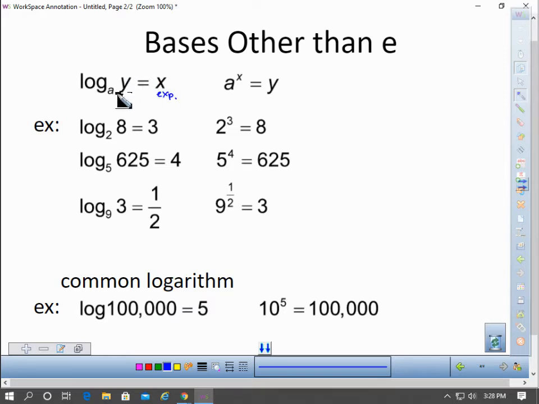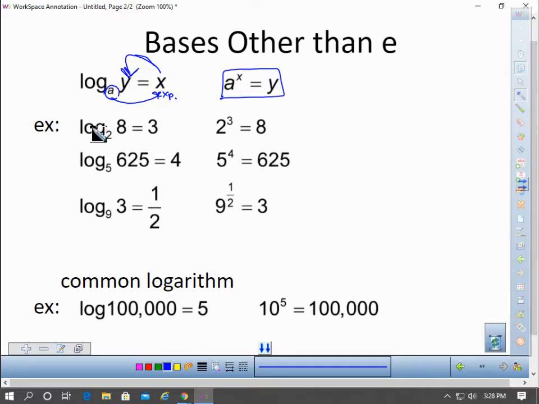So to convert this into an exponential function, you take the base, raise it to your exponent, and it equals the argument. So this base a raised to the answer, which is the exponent x, will equal y. And that's what I have right here: a to the x equals y. So your base raised to your answer equals this expression that's behind the log.